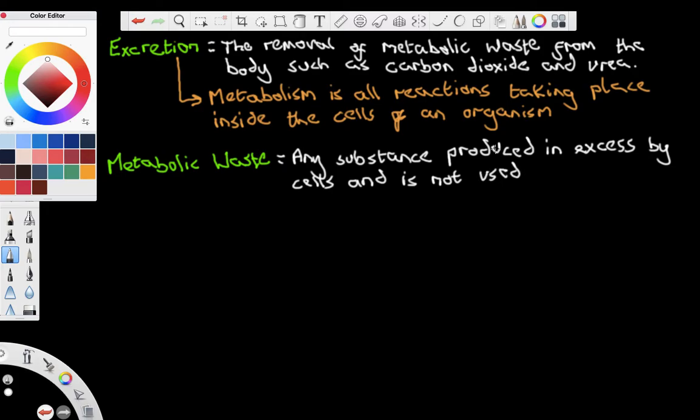Now, almost all cells inside your body carry out aerobic respiration, and when they carry out aerobic respiration, they produce carbon dioxide. We don't use carbon dioxide in our body, which therefore is defined as a form of metabolic waste.